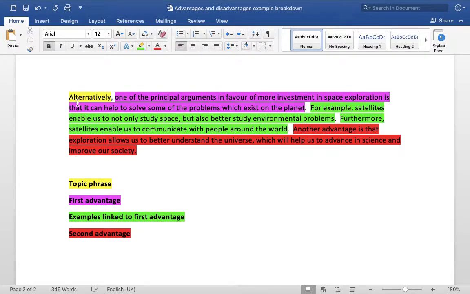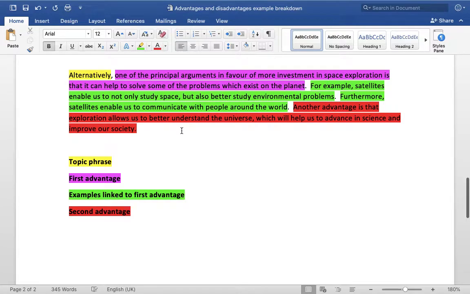By putting this alternatively, or another word you could use, conversely, or basically by saying this, you're showing that you're going on a different path. And here I have my first advantage point and some examples to identify that point.